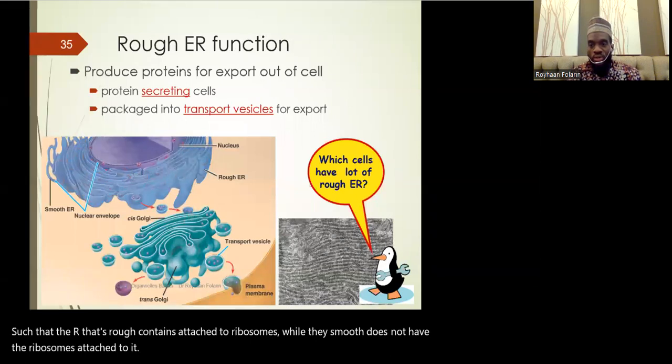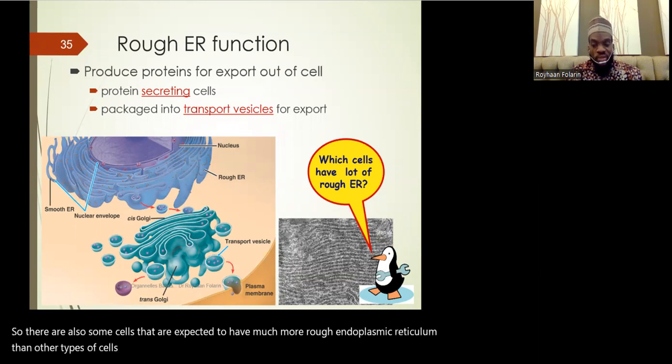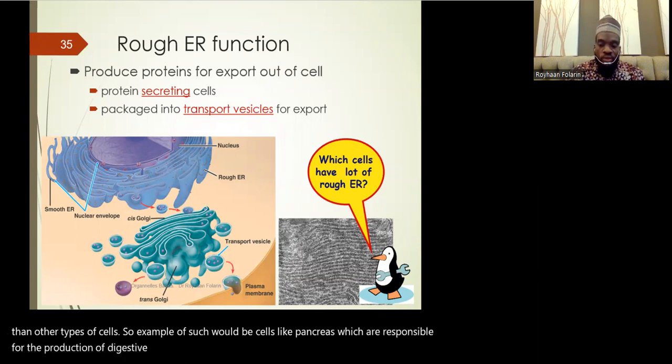So there are also some cells that are expected to have much more rough endoplasmic reticulum than other types of cells. An example of such would be cells like the pancreas, which are responsible for the production of digestive enzymes. Okay, so that's a typical example of that.